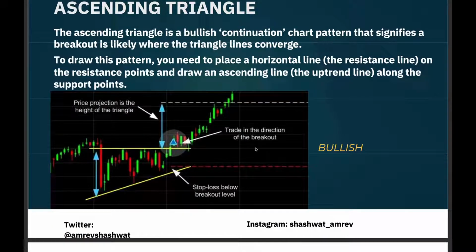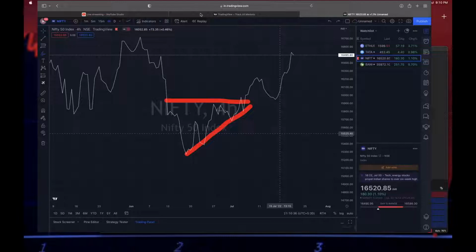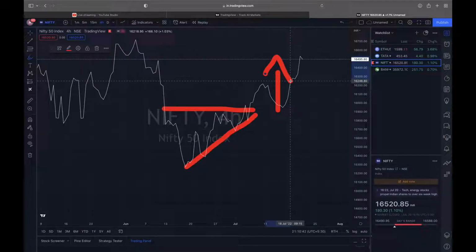Whenever an ascending triangle is formed, the market will go up. Let's check it out. Does it go up? Tell me, everyone, does it go up?